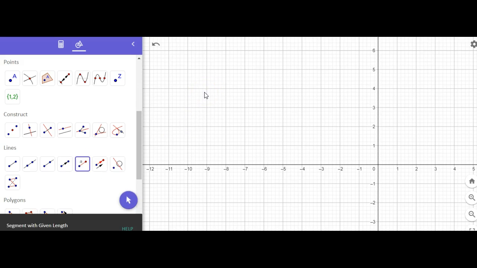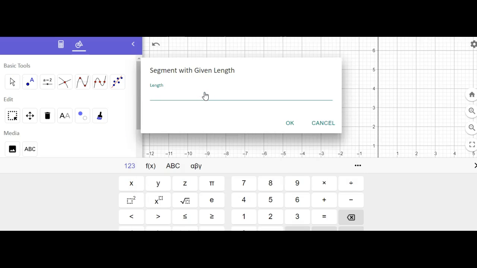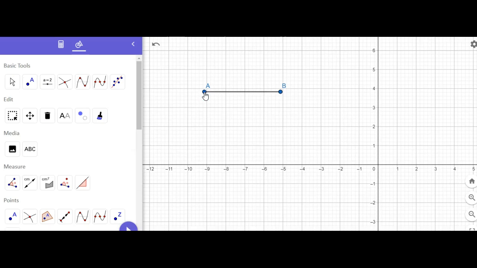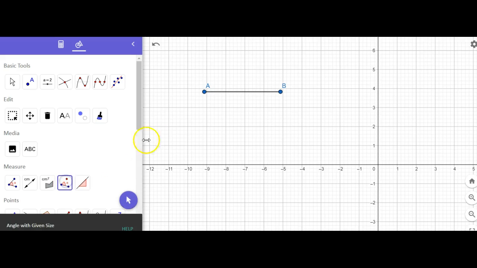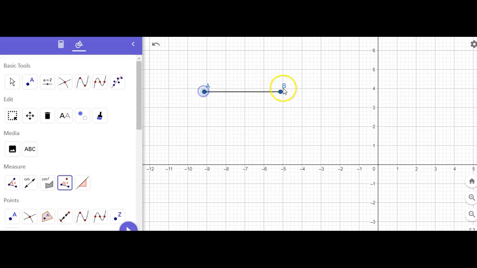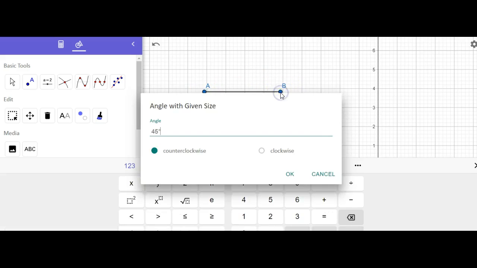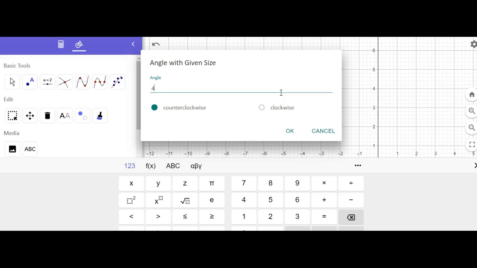So when I draw a segment of a given length, that means I can say, well, I want it to be exactly 4, right? So now I can also use, let's see, an angle with a given size. So I would kind of go like this and say I want this to be a 90-degree angle and say OK.